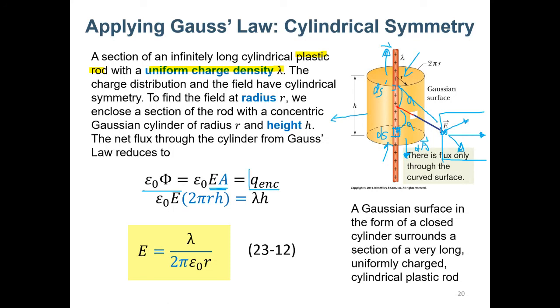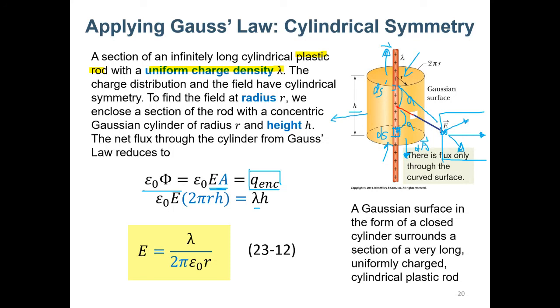So let me consider this part first. Lambda is the linear charge density of this line, and h is the height of this cylinder. For the area, you can cut it out and then you can expand it. So it is a rectangle.